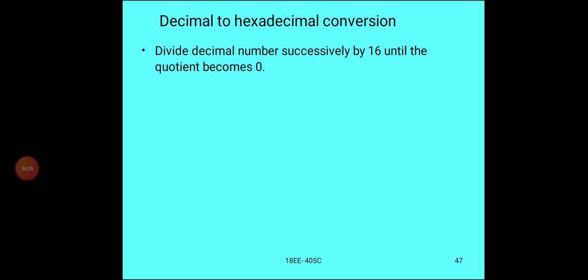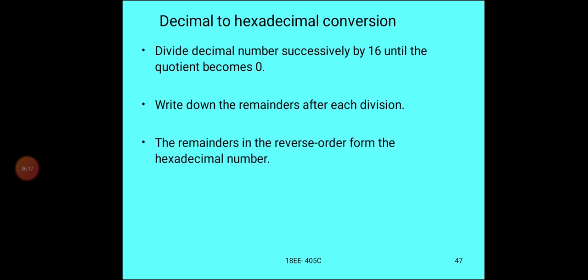Decimal to hexadecimal conversion. Divide the decimal number successively by 16 until the quotient becomes 0. Write down the remainders after each division. The remainders in reverse order form the hexadecimal number. Convert the decimal number 873 into hexadecimal.